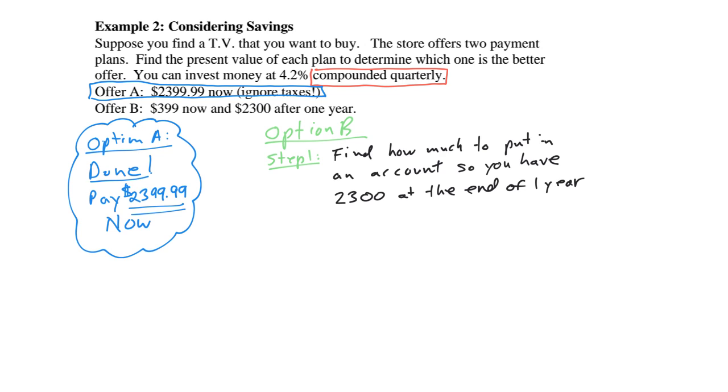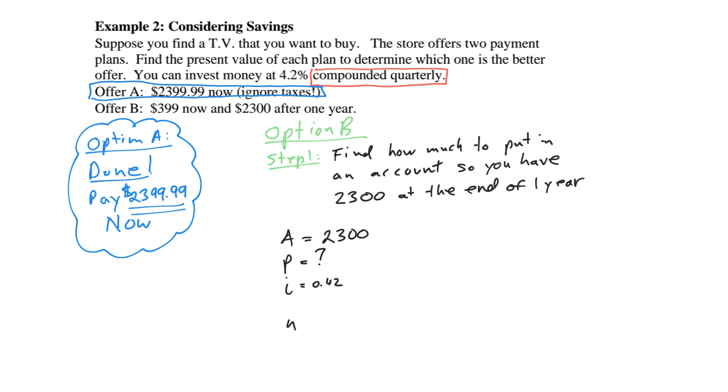In order to do this calculation, we have to start with our APIN since we're using compound interest again. Now, here are the numbers that we know. We know that we want 2,300 at the end, so that is our A. We don't know what our P value is, but we do know what our I value is. Our I value is 0.42.